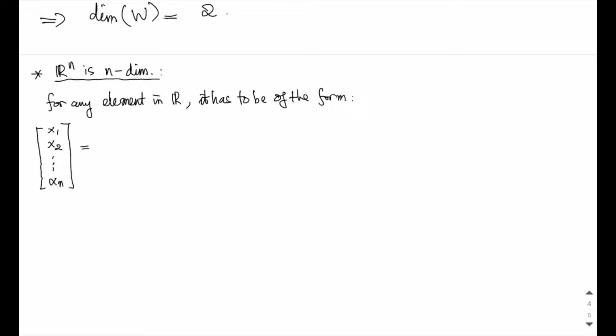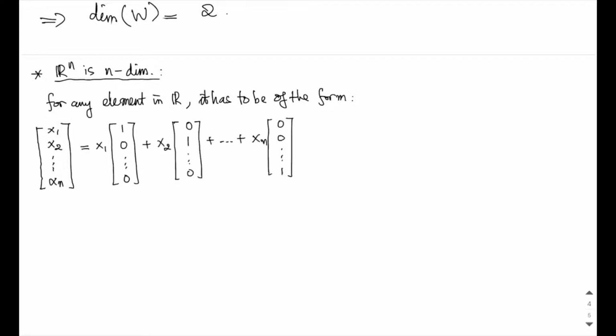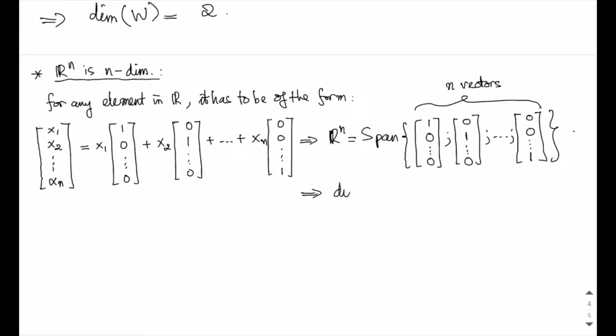Now, I'm going to use the same trick as I did before for the vector space W. I'm going to rewrite it as, right, this confirms that Rn is spanned by the collection of n vectors here. Each of them will have only one non-zero entry, and that non-zero entry is 1. The other entries are 0. This confirms that the dimension of Rn is less than or equal to n.